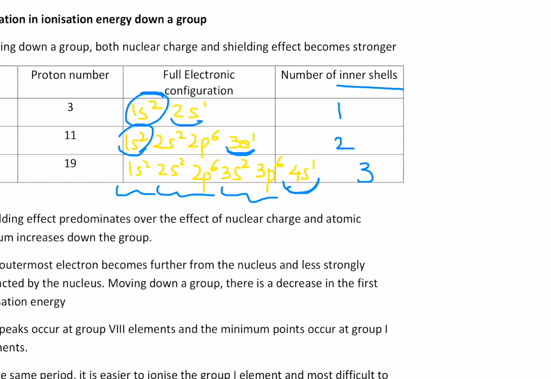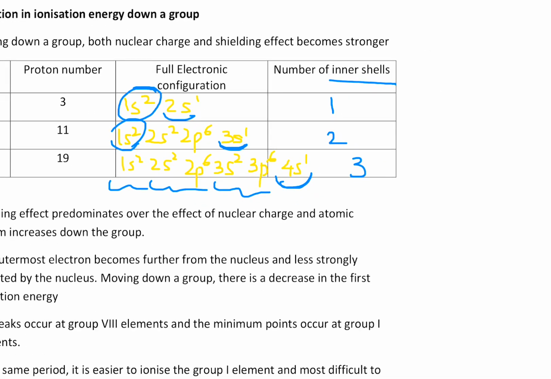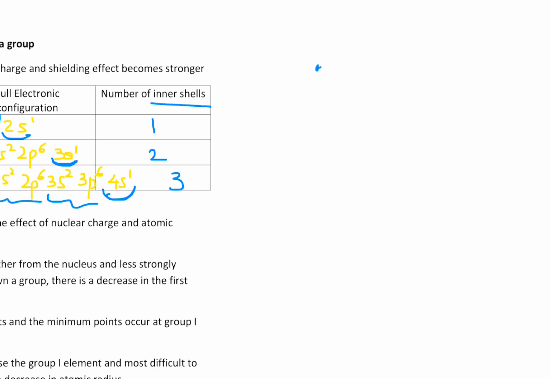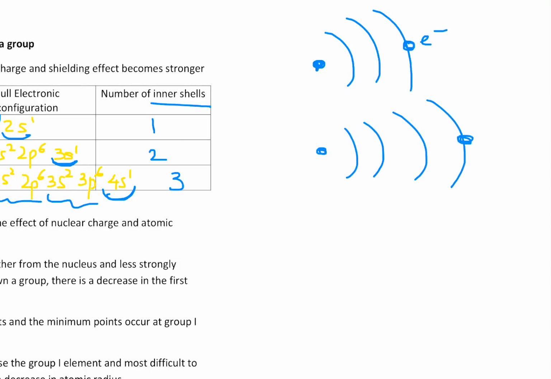Okay, so as the number of inner shells increases, what's going to happen to the shielding effect? Remember in the previous video, we talked about the shielding effect. If this is the nucleus, the more shells you have between the nucleus and the outermost electron, the inner shells are going to act as a shield.